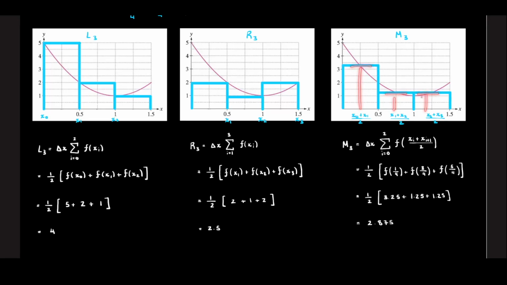Just multiply the lengths and the widths, add them up, and you'll get 2.875. Or in terms of the formulas I gave you, it's going to be the width of each rectangle multiplied by the sum of function values, which are found by evaluating the function at the midpoint of each subinterval, and that will give you 2.875.